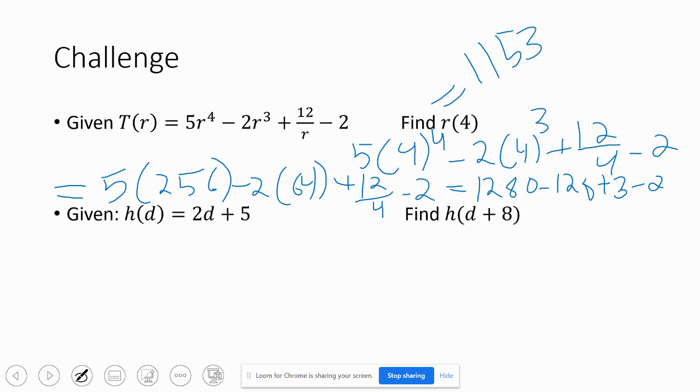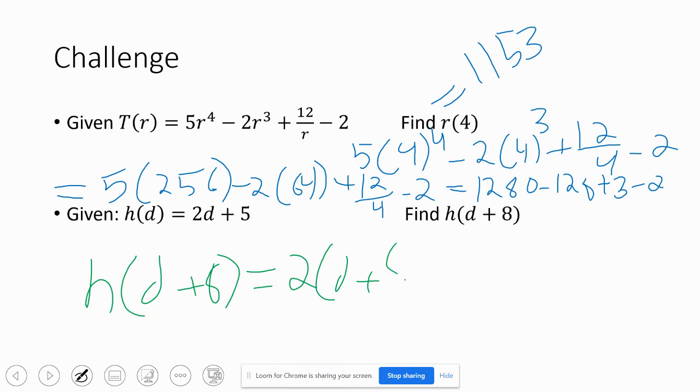Now, sometimes I can ask you to substitute in an expression. So given h of d equals 2d plus 5, here they're asking you to find h of d plus 8, or h at d plus 8. So in this case, we're going to emphasize you're plugging in d plus 8 for d. So that becomes 2 times d plus 8, plus 5. Then to simplify, you distribute the 2.